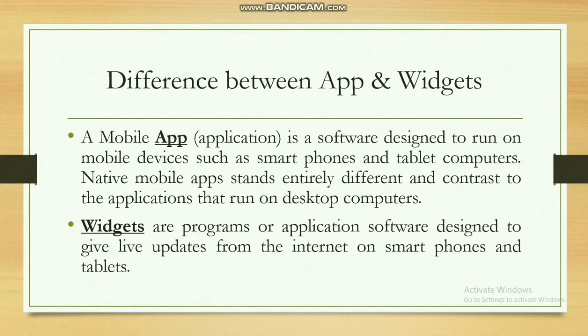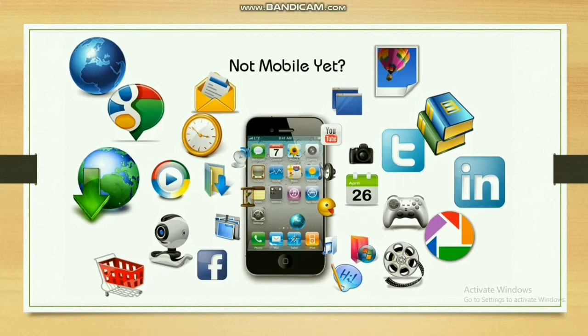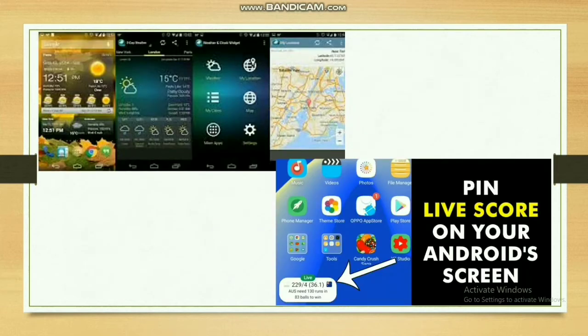When such applications, widgets, are pinned to the mobile screen, you will get a live update. That means without opening the app, you could see the changes. Look how a mobile app and a native app on the desktop differ.